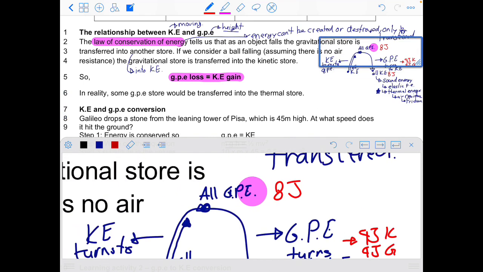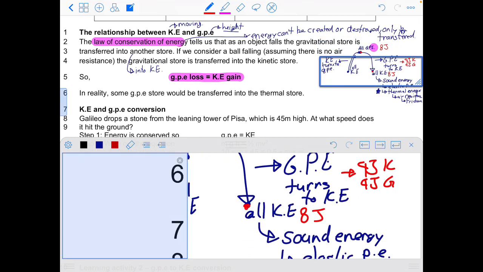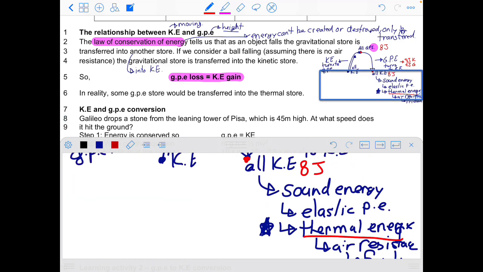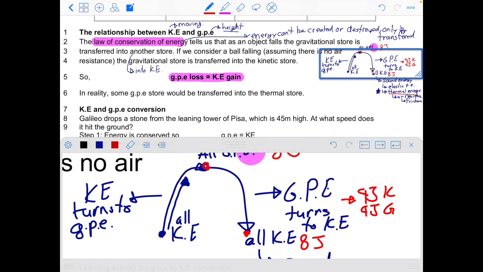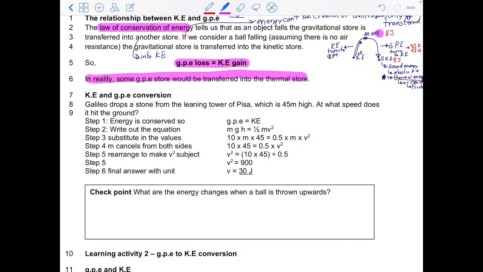Because all of the energy that the ball has here is as much energy as it will have here. It can't have any more. A tiny amount was lost to thermal energy with that resistance, or sound energy if it made sounds as it fell. But the majority of it went back into kinetic energy. So as it says here, in reality, some gravitational potential energy will be transferred into the thermal store.